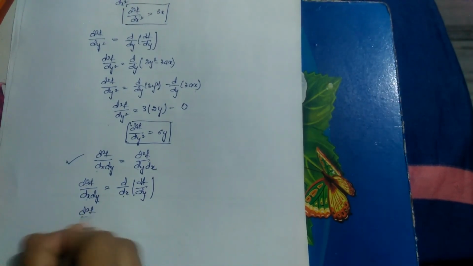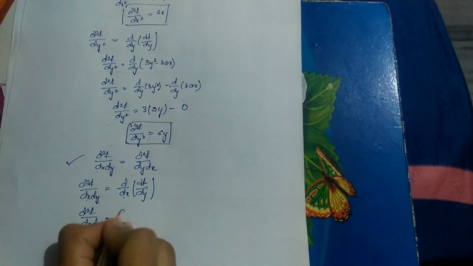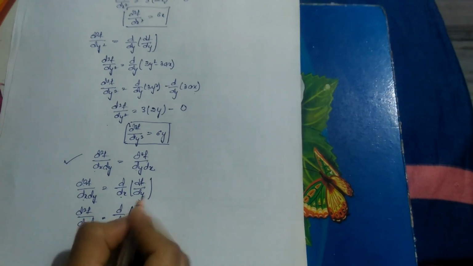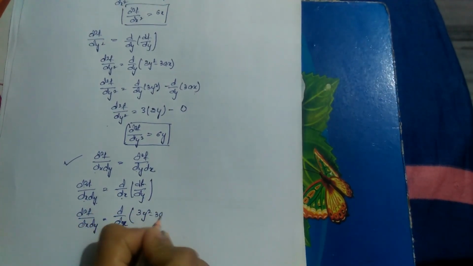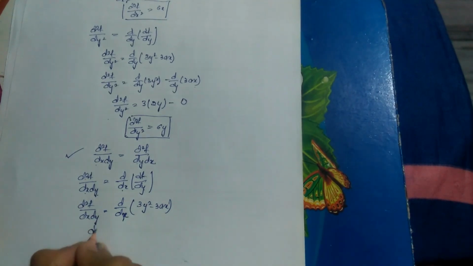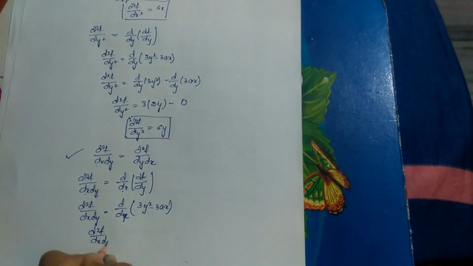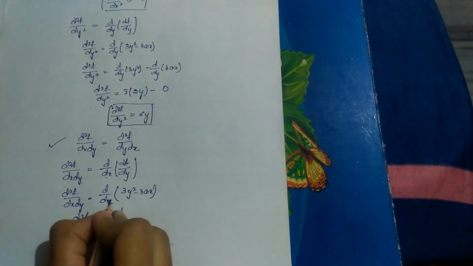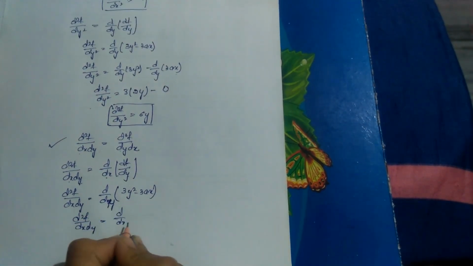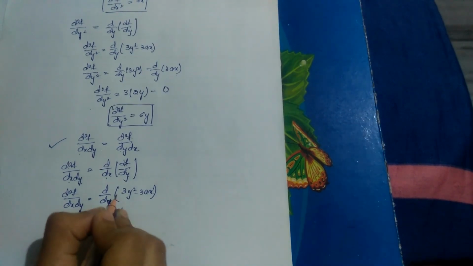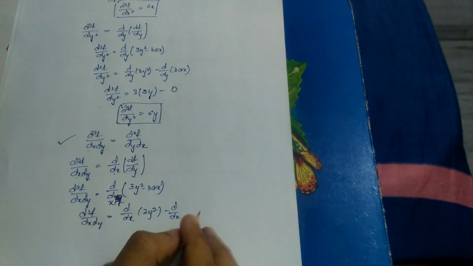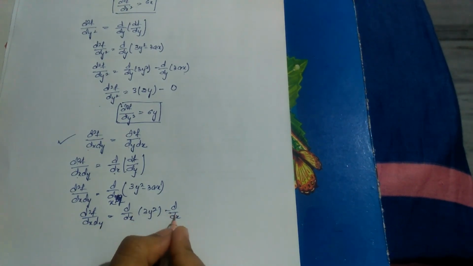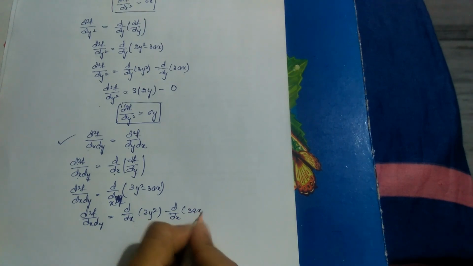Then here ∂²f/∂x∂y is equal to ∂/∂x of ∂f/∂y, which is 3y² minus 3ax, differentiated with respect to x. Then ∂/∂x of 3y² minus ∂/∂x of 3ax.